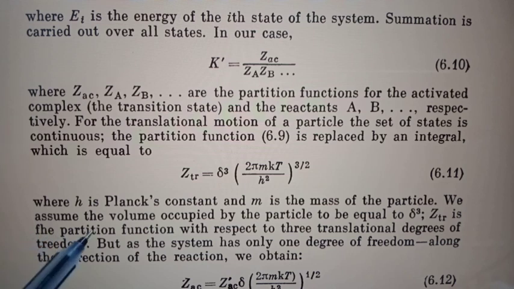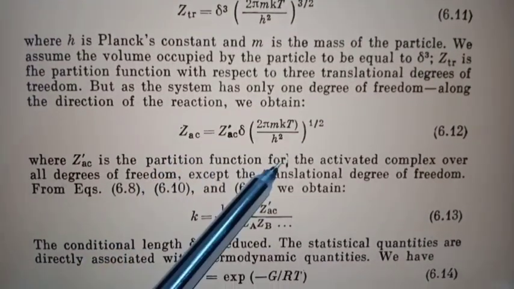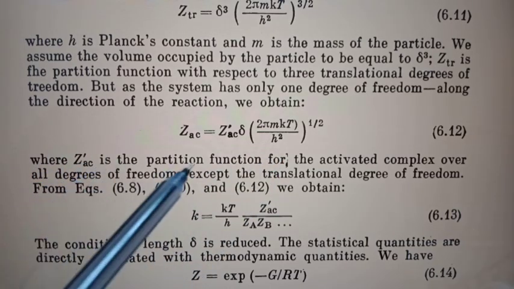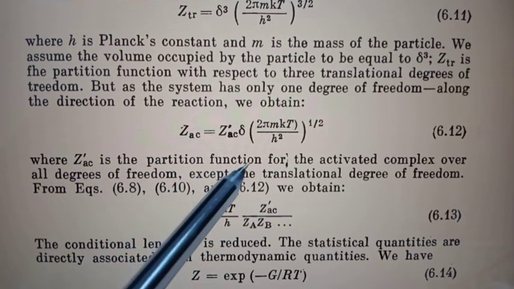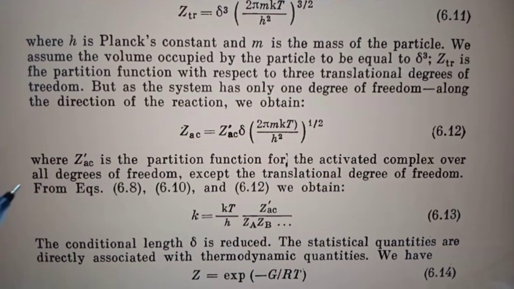This is the partition function with respect to the three translational degrees of freedom. But as the system has only one degree of freedom along the direction of reaction, we obtain this, where ZAC is the partition function for the activated complex over all degrees of freedom except the translational degree of freedom.